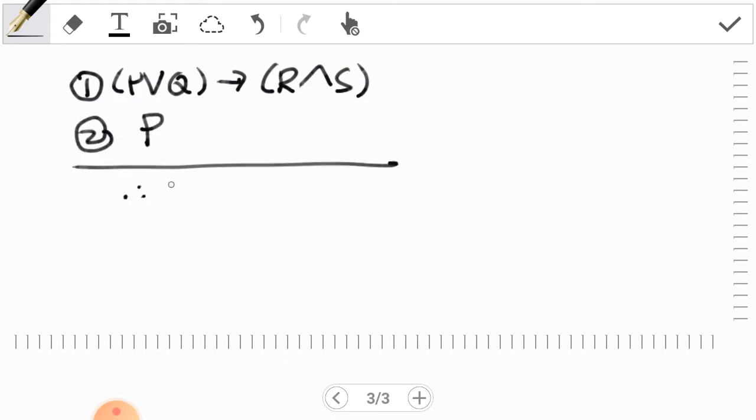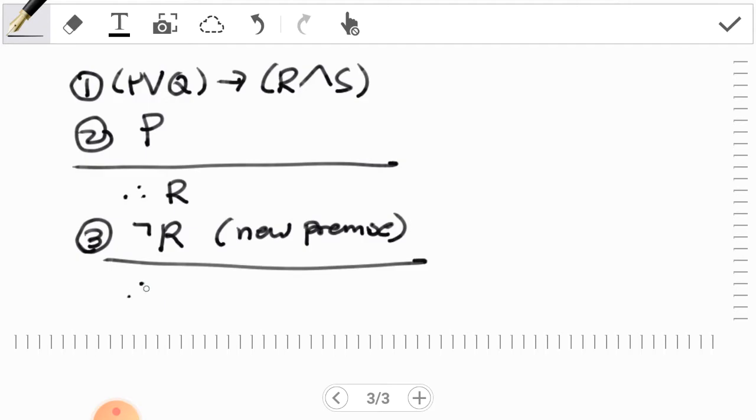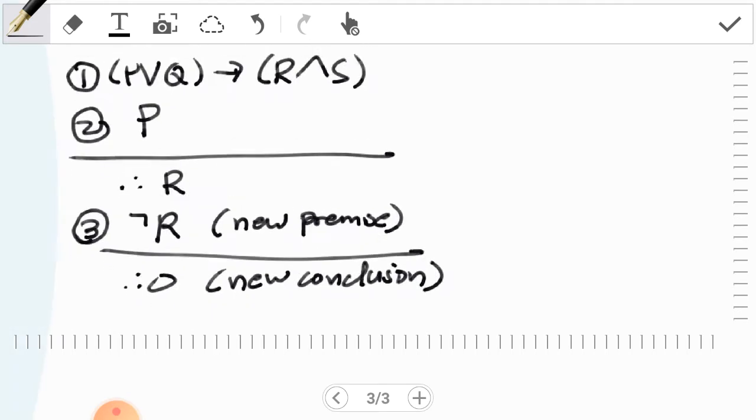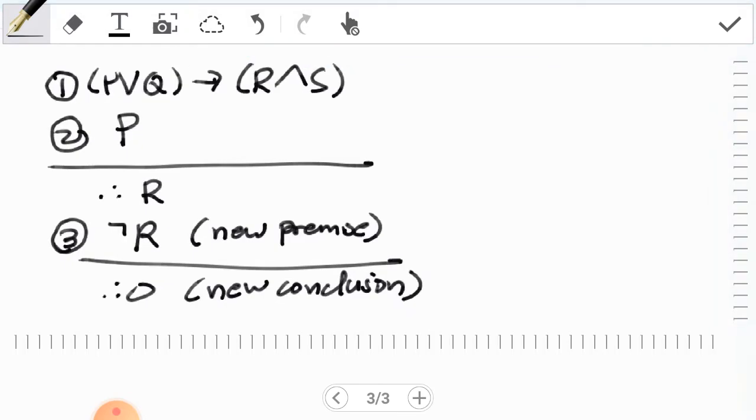Our conclusion is R. By the indirect proof, we negate the original conclusion. This becomes a new premise. And then the false value 0 becomes the new conclusion.